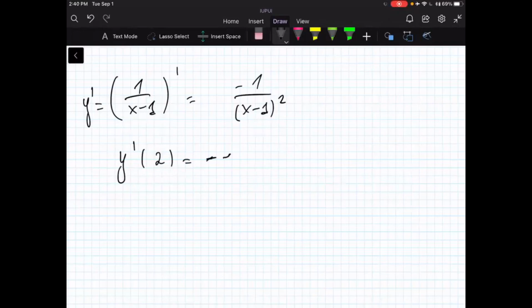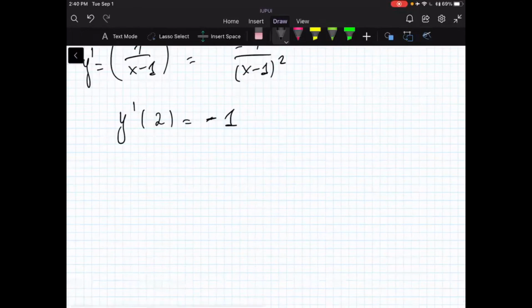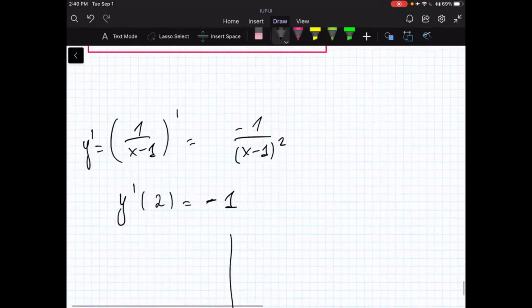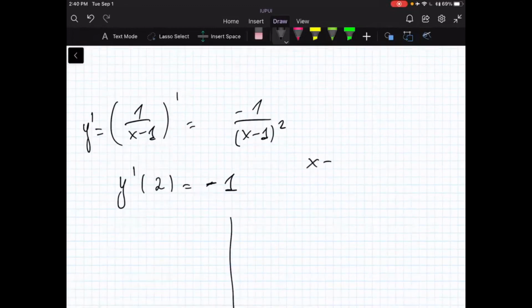That's what we found. But we can again come back and interpret it in the following way: the slope of the tangent line at the given point, at point x equals 2, is minus 1.